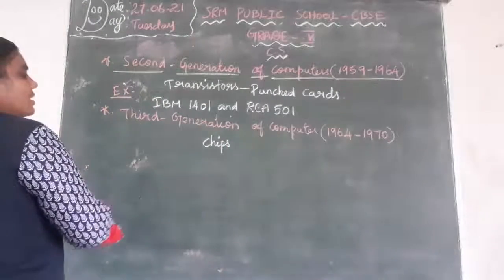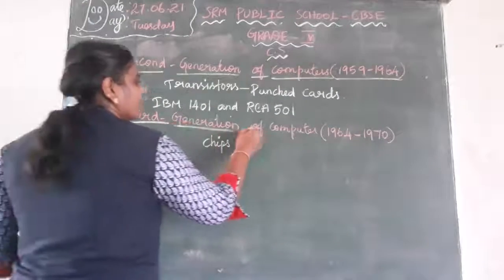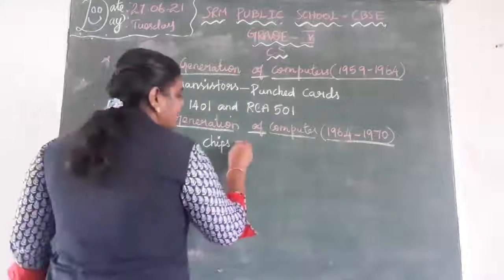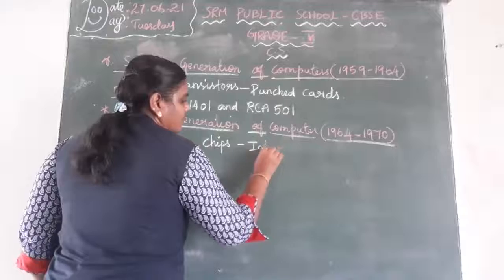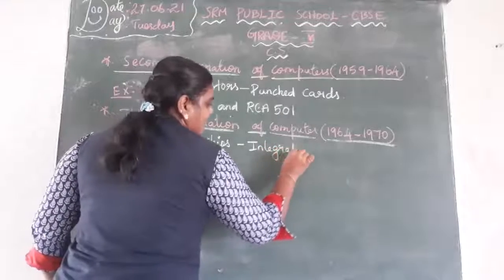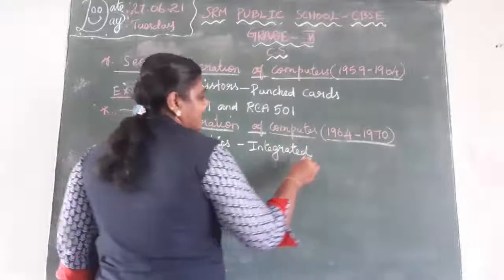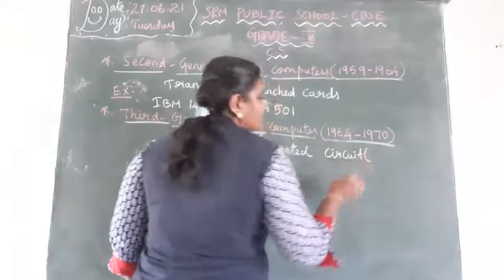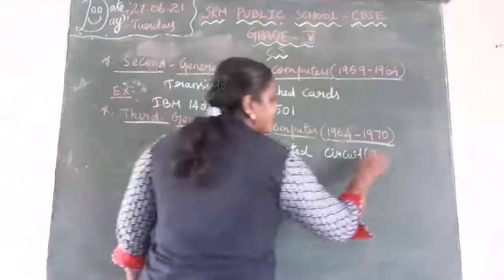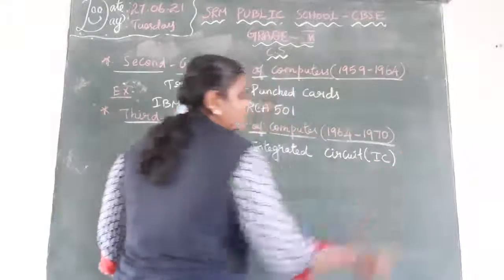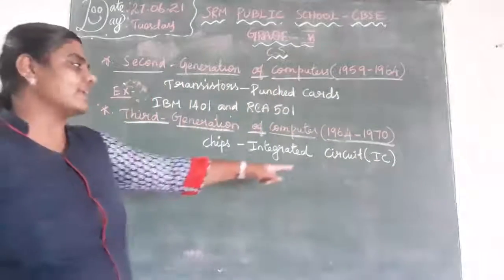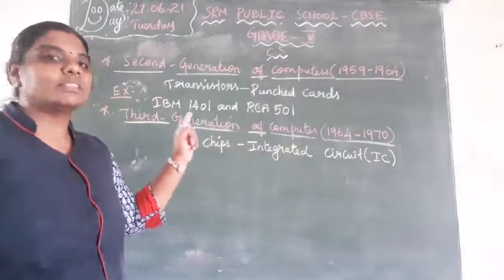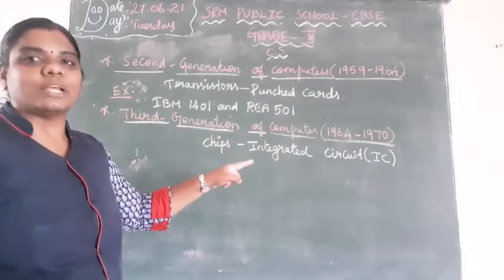What is another name for chips? Integrated circuit. Okay. Integrated circuit. That means simply we call it IC. Okay. The full form of IC is integrated circuit. That is the third generation of computers.